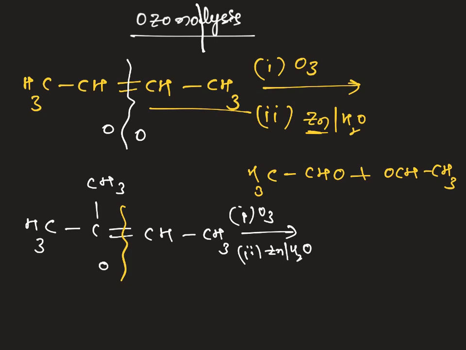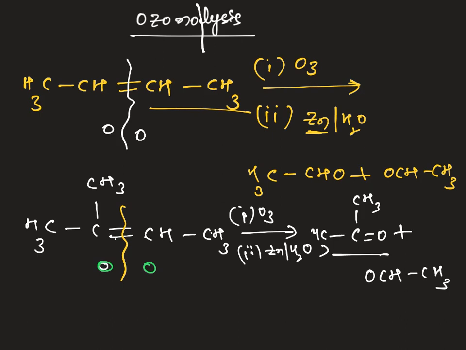Here oxygen and here oxygen. What product will you get? CH3, CH3, attached to oxygen instead of the double bond, plus CH3CHO. I am writing acetone and acetaldehyde, which are formed. So you have to look at the double bond position, cleave it and attach oxygen, such that you get the corresponding carbonyl products.